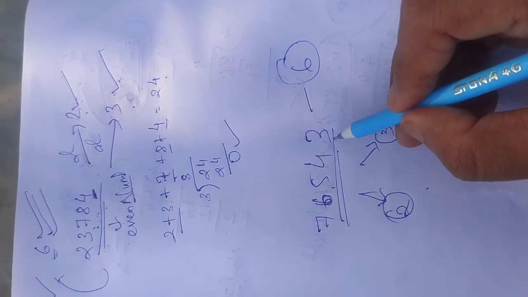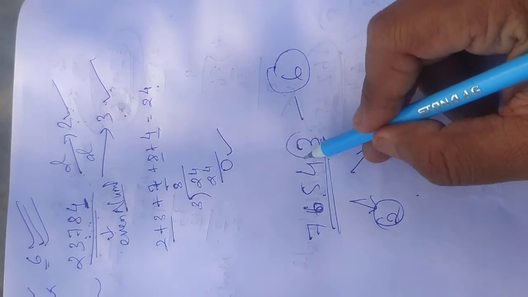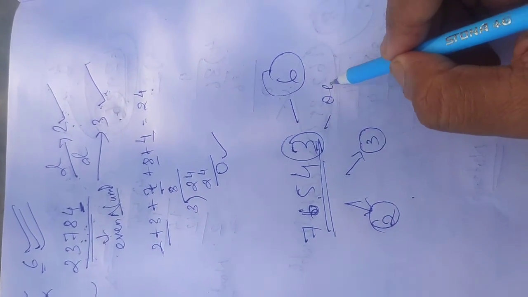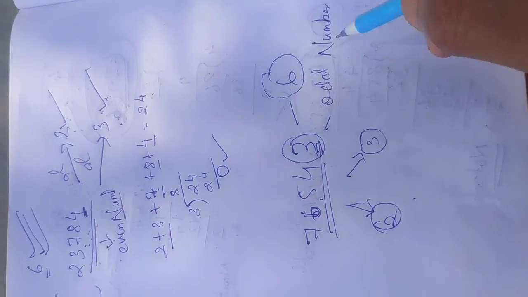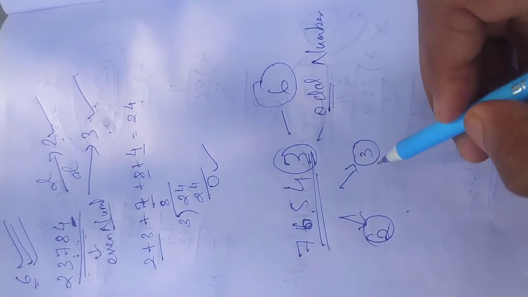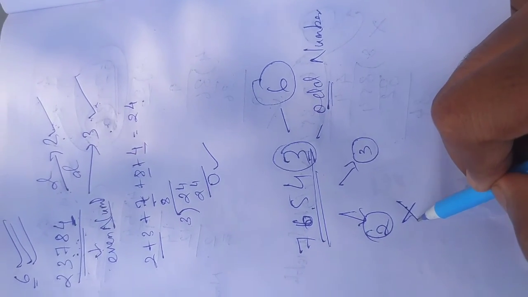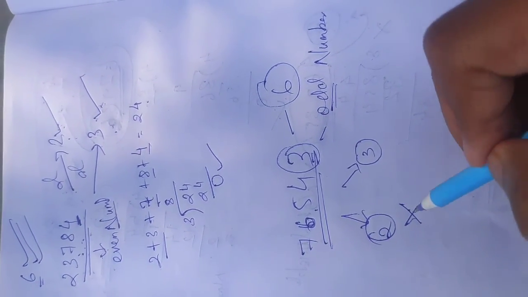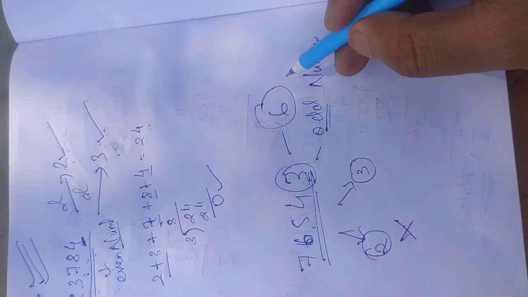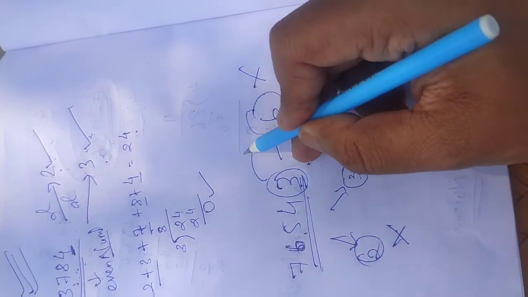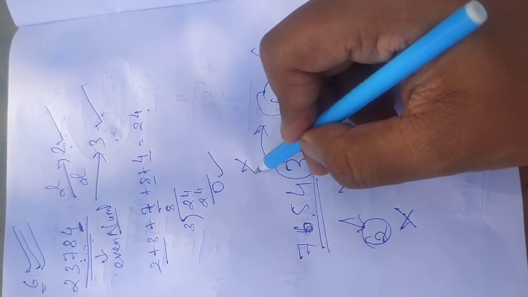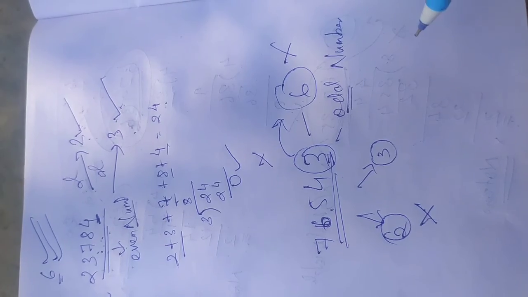Let's check. The last digit is 3. Therefore, this is an odd number. Because this number is odd, it is not divisible by 2. Because it is not divisible by 2, we can directly say this is not divisible by 6.